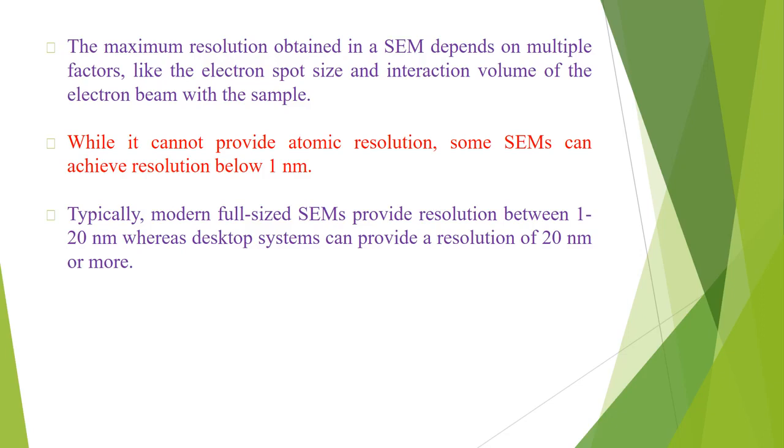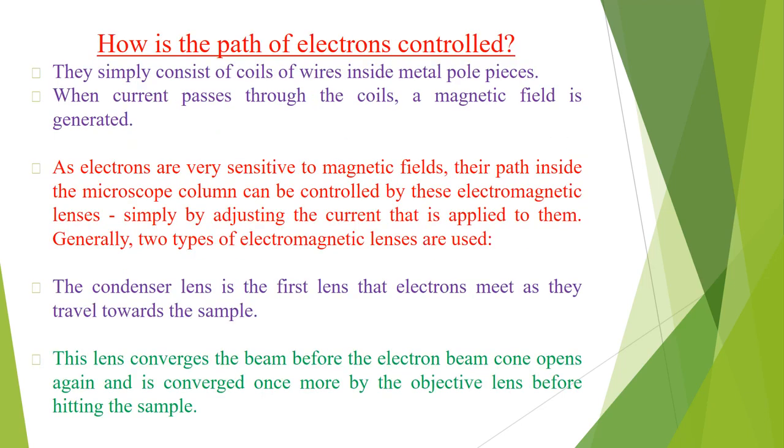Typically, modern full-sized scanning electron microscopes provide resolution between 1 to 20 nanometers, whereas desktop systems can provide a resolution of 20 nanometers or more. Here we are going to discuss how the path of the electron is controlled.